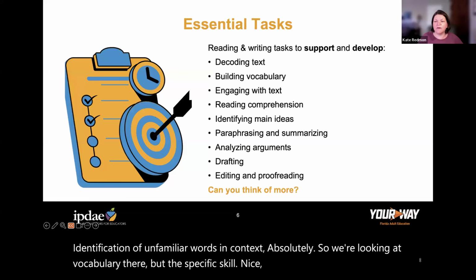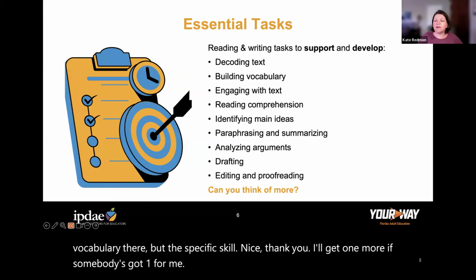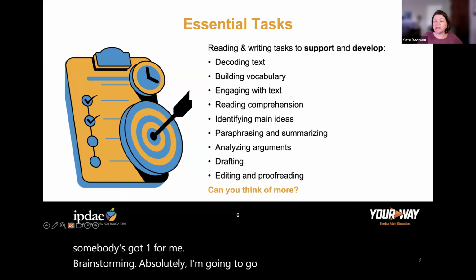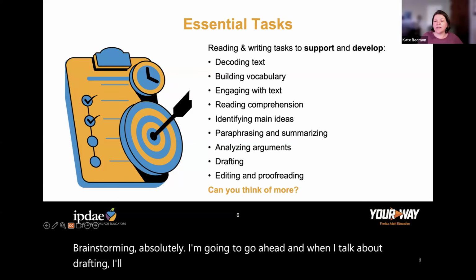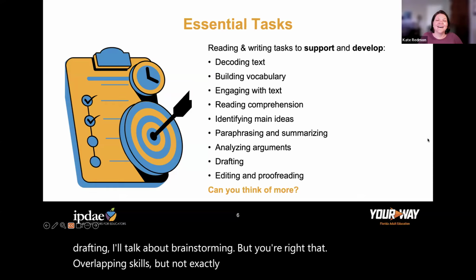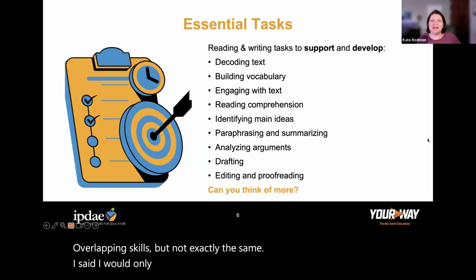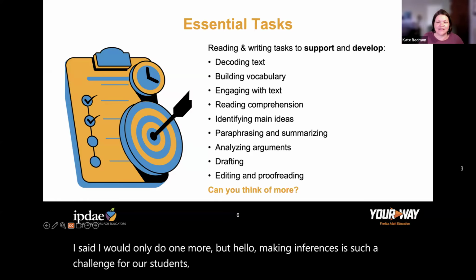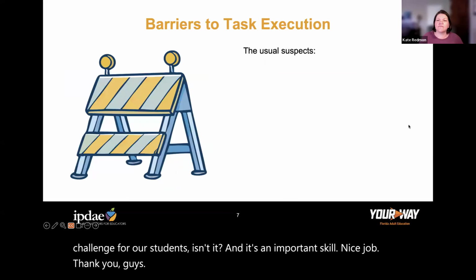I'll get one more if somebody's got one for me. Brainstorming, absolutely. When I talk about drafting, I'll talk about brainstorming. But you're right that they're overlapping skills, but not exactly the same. Oh, I said I would only do one more, but hello, making inferences is such a challenge for our students, isn't it? And it's an important skill. Nice job. Thank you, you guys.